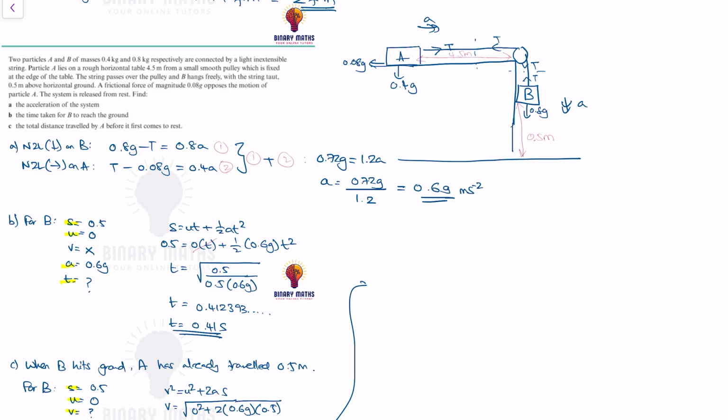So A is traveling at 2.42 meters per second when B hits the ground.